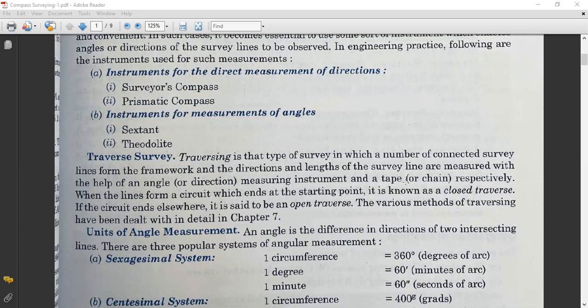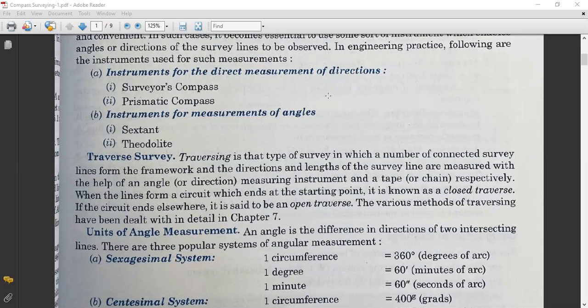About traverse survey in the previous class I have told you, again we have two types of traverse. One is open traverse and one more is closed traverse. If you start the surveying from the starting line and your survey ends at the starting point, that will give you a closed traverse.